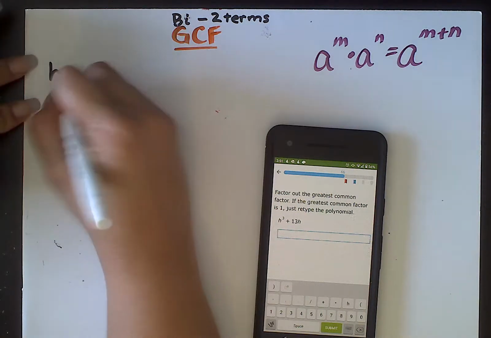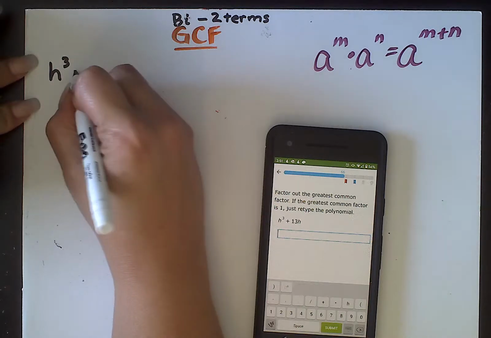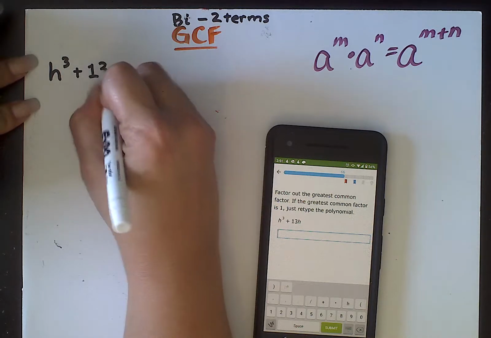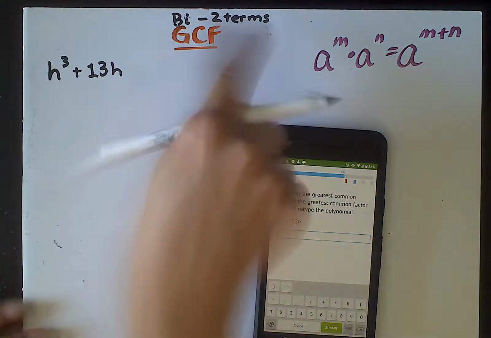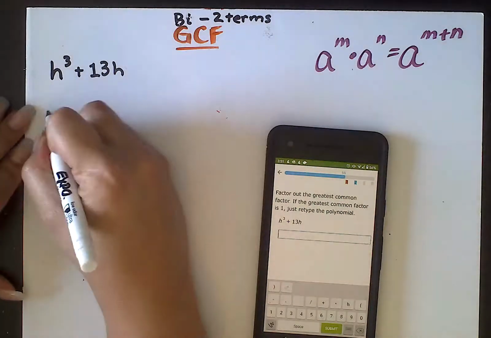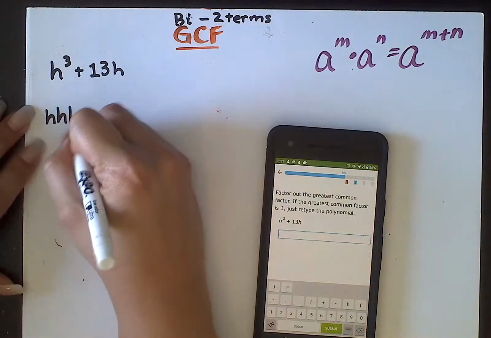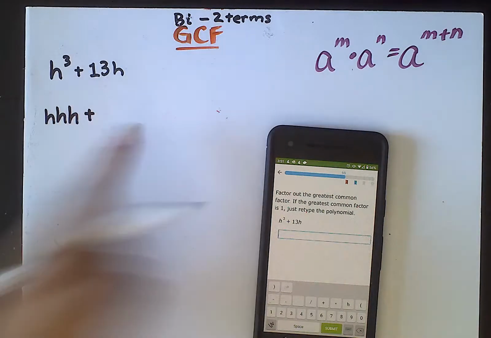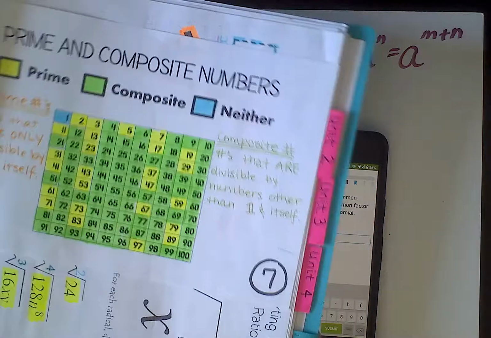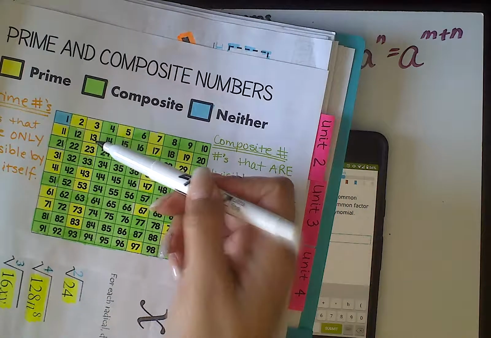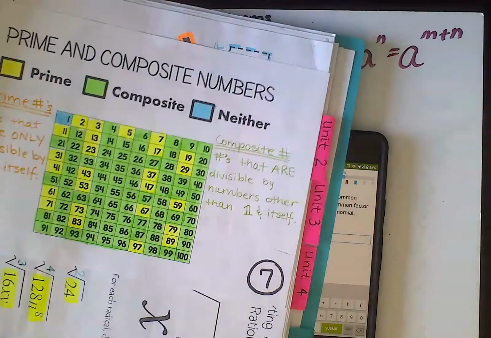So I have h cubed plus 13h. Okay, I have a binomial, and my first term is h plus. Now, if I take a look at page 7, I'll see that 13 is a prime number.